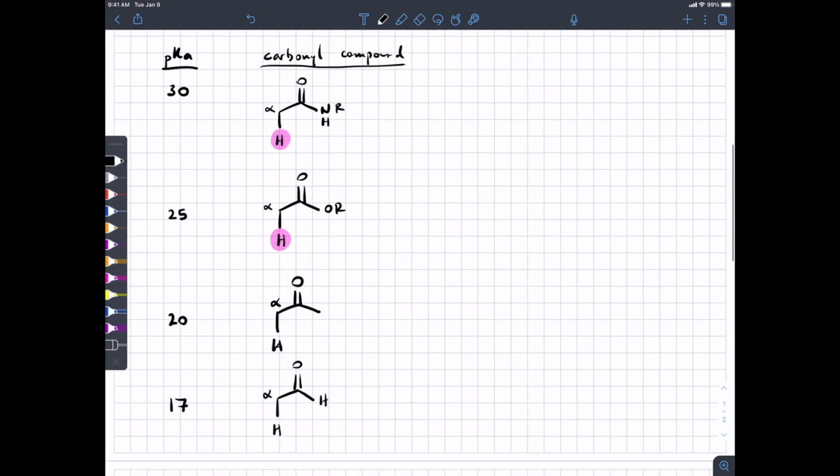Okay? So notice the trend. We go from least acidic alpha proton to most acidic alpha protons. And notice that the trend tracks with how electron rich the carbonyl carbon is.